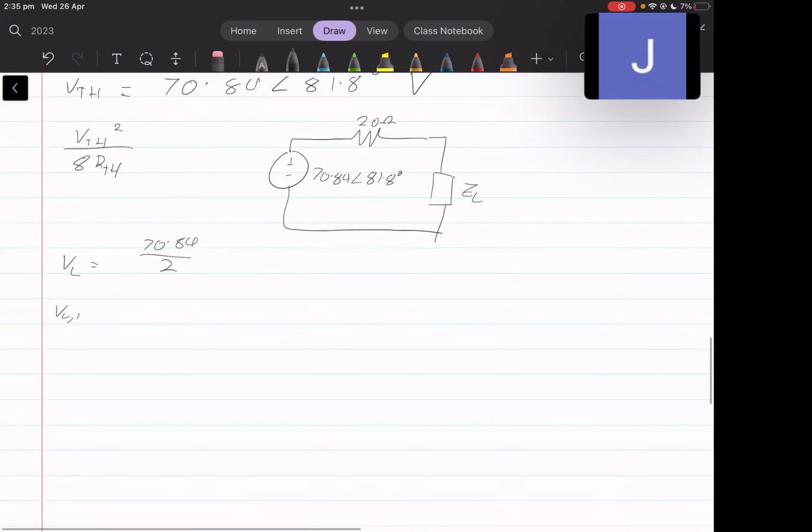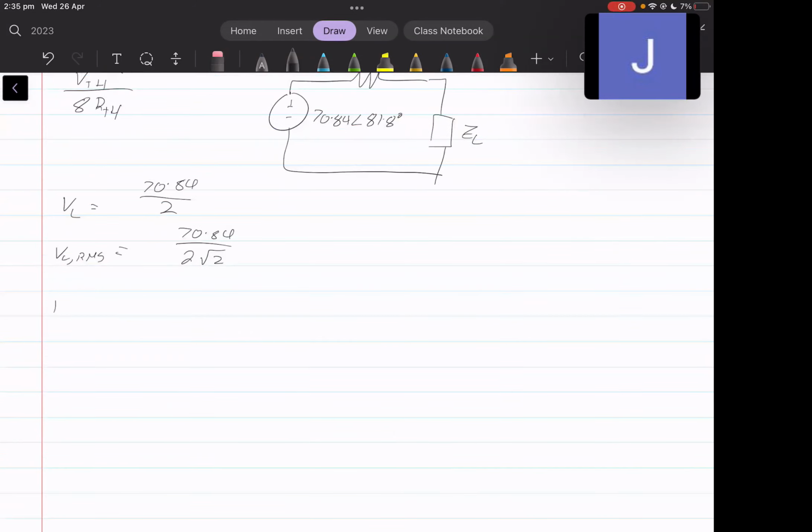Then to get it in RMS, we divide it by √2 again. And then power in your resistor is V squared on R. So that will give us this, which is just an expanded version of that formula.